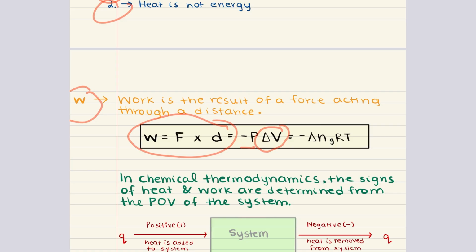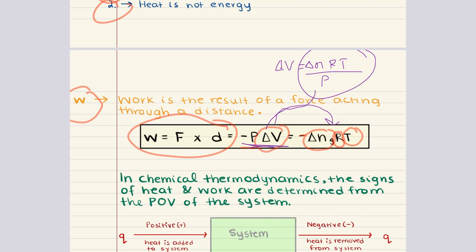Then when we're dealing with reactions involving gases, we can also express this in terms of moles of gas. So you can get the relationship that work is equal to negative change in the number of moles of gas multiplied by the ideal gas constant multiplied by temperature. And we get this equation as a consequence of negative P multiplied by delta V. Delta V can be expressed as change in nRT divided by pressure.